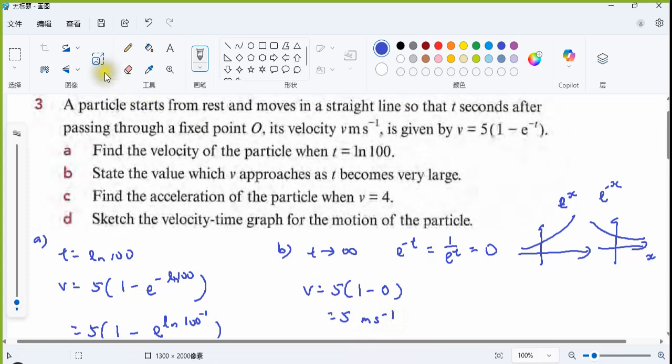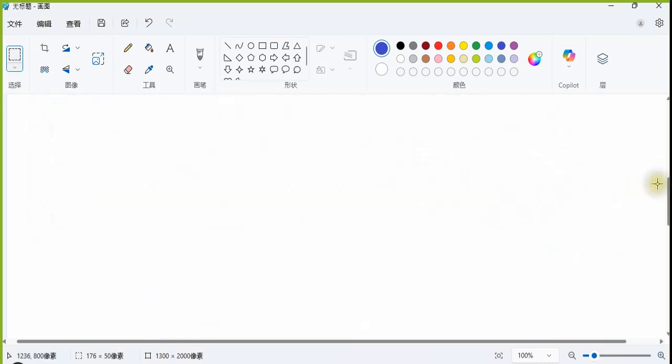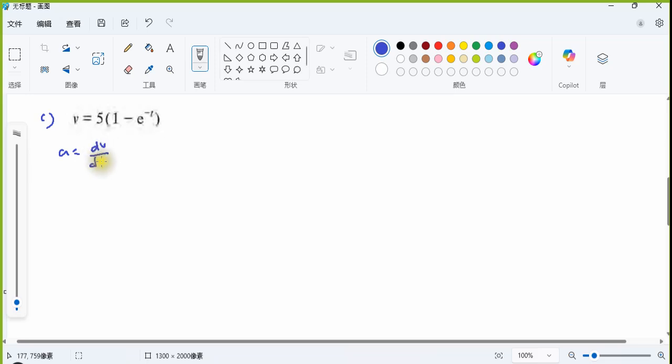Find the acceleration when v equal to 4. We know that a is dv/dt, so it will be 5 times e to the power negative t.